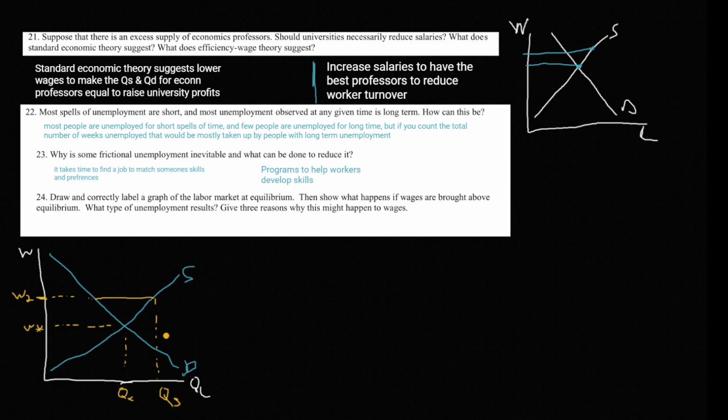There are all of these people who want to supply their labor, and there's only this many people that people want to hire at that wage. So this creates some unemployment, all this in green. If there are people that want to work, want to supply their labor, but people don't want to hire them, that creates unemployment.